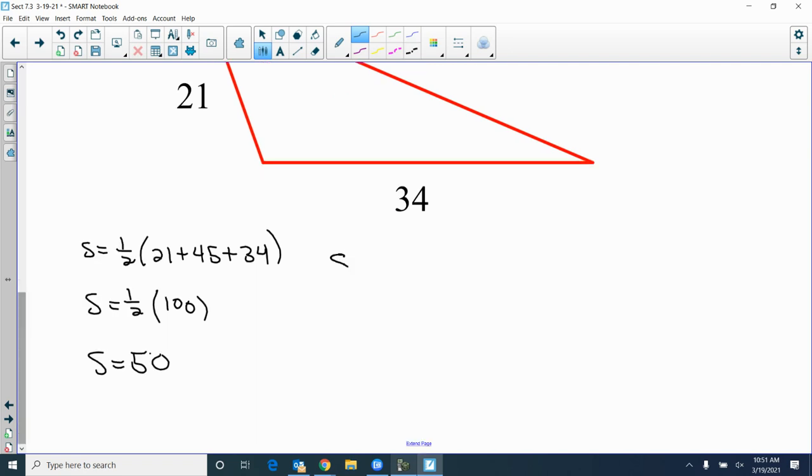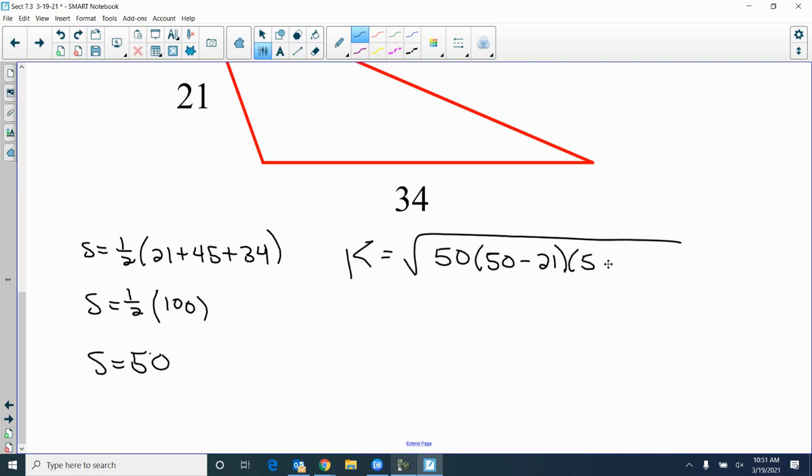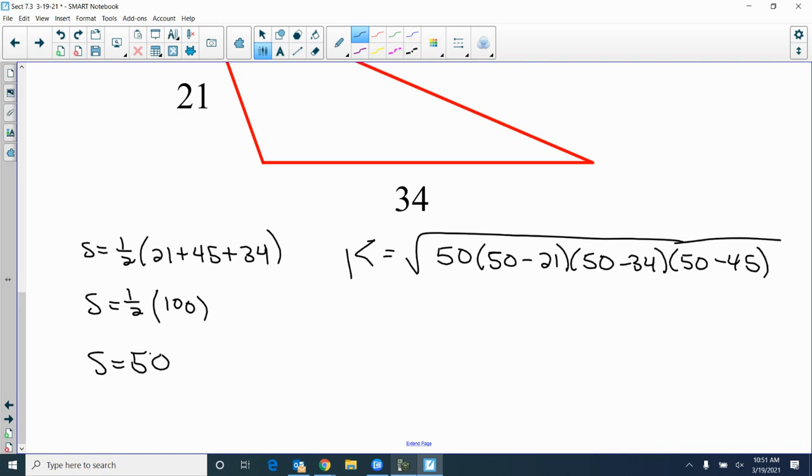So now K equals, 50 minus 21, 50 minus 34, 50 minus 45.